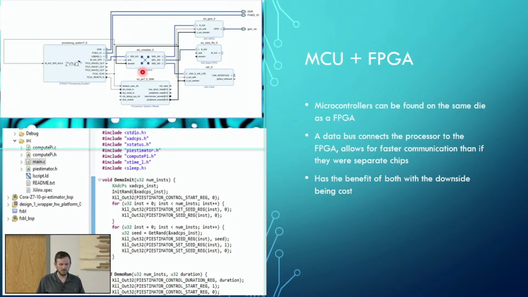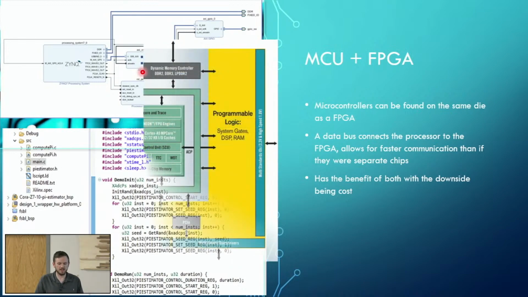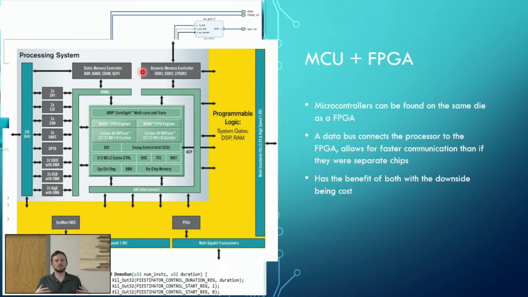And the last little bit is they have what's called a microcontroller and FPGA, and I have one here with me that we'll look at. It basically has a little ARM microcontroller that runs C, C++, and then around it is an FPGA. So you get the benefit of both worlds of having software and the hardware right next to each other. They can talk really fast.